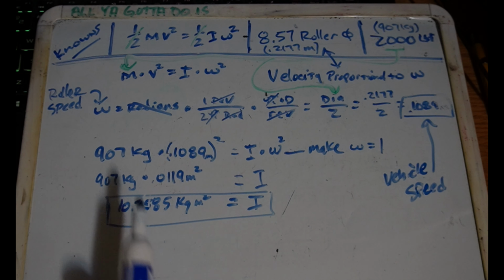Everybody knows 2 pi radians is 1 revolution, so I put 2 pi there, the radians cancel out, and I get 1 revolution on top.